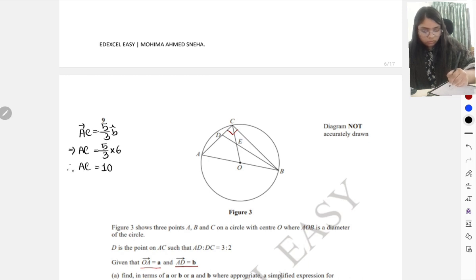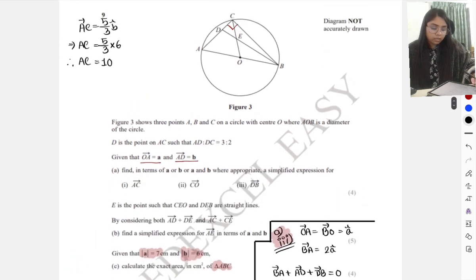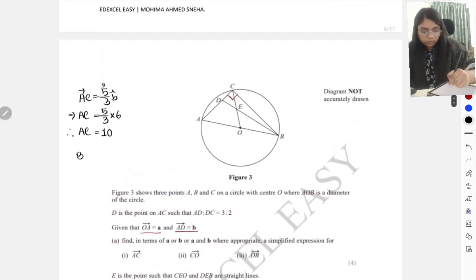So the modulus of AC would be 10. We can do the same calculations for BA. BA is 2A, and A would represent 7, right? So BA is going to be 2 multiplied with 7. That's going to be 14, right?